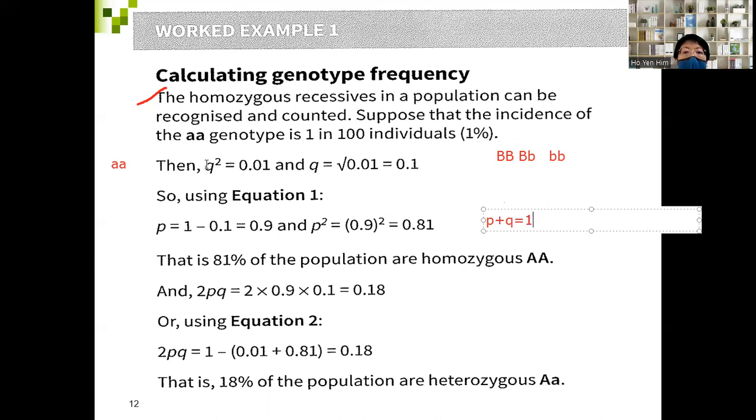I found q already, so I can find p. p equals 1 minus q, so it's 0.9. Correct? p is 0.9. This is important information: q is 0.1, p is 0.9. So p plus q equals 1, right? Okay, p squared is 0.81.